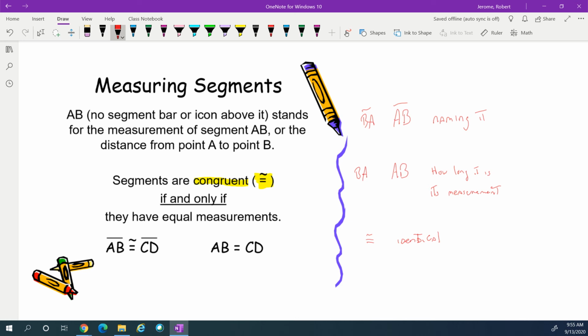And that's a really important distinction in geometry. It feels interchangeable at first, but they are completely different things. Congruence versus equals. And this last line here is an important idea. Again, if we're naming it, we say congruent. If we're talking about their measurement, we say equal.